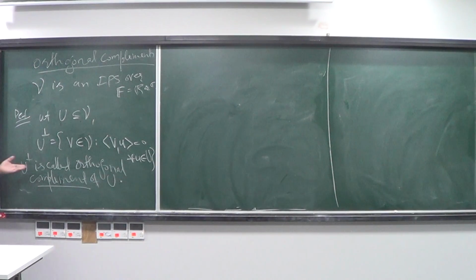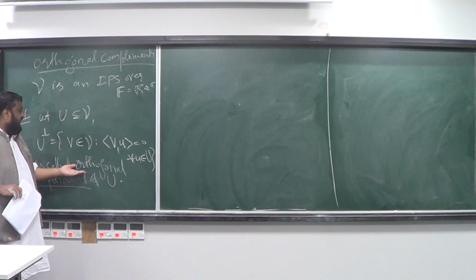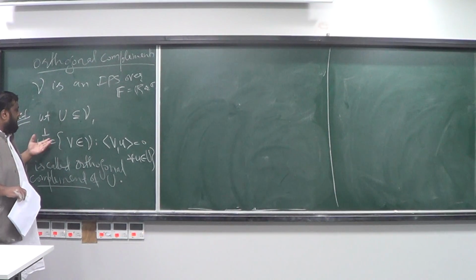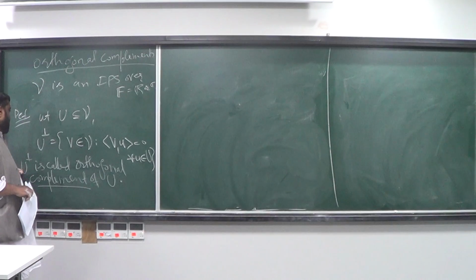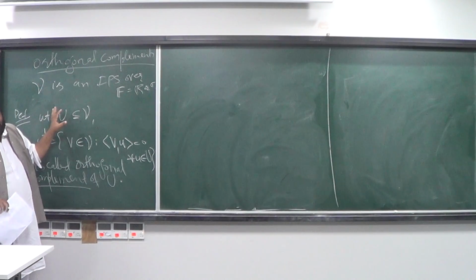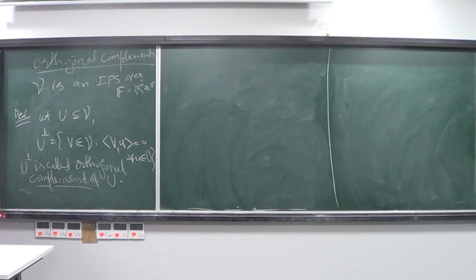So from the definition, I can say that this U perp is really the collection of those vectors which are orthogonal to every single vector in U. So I can say that U perp is orthogonal to U. But what do you mean by complement? I'm going to write a theorem in a few minutes, which is going to justify this complement word as well.